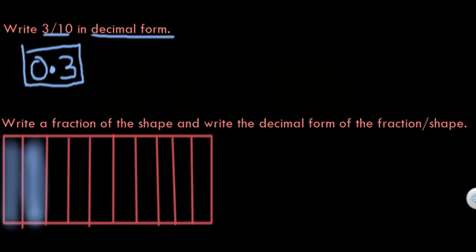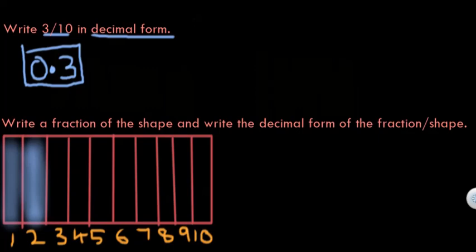Now let's see here. It tells us to write a fraction and decimal about the shape. Okay, let's see. How many parts is this shape cut into? 1, 2, 3, 4, 5, 6, 7, 8, 9, and 10.